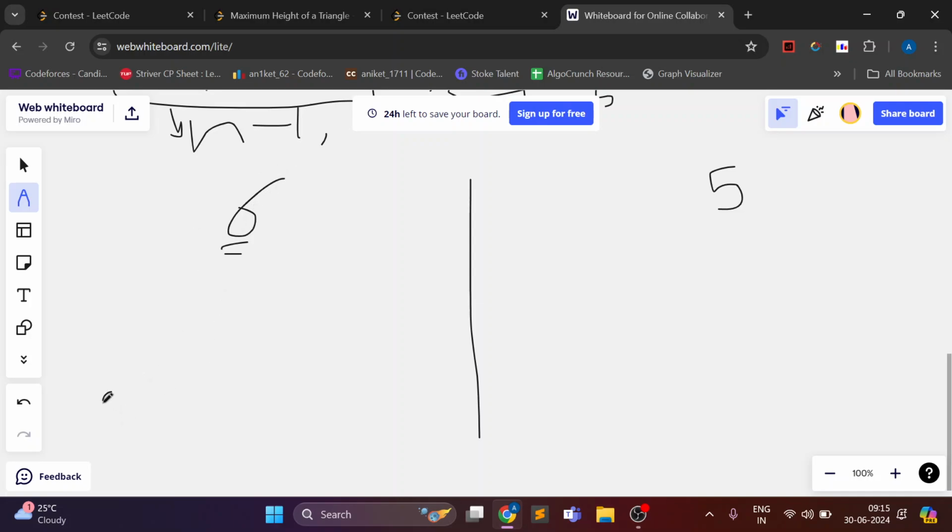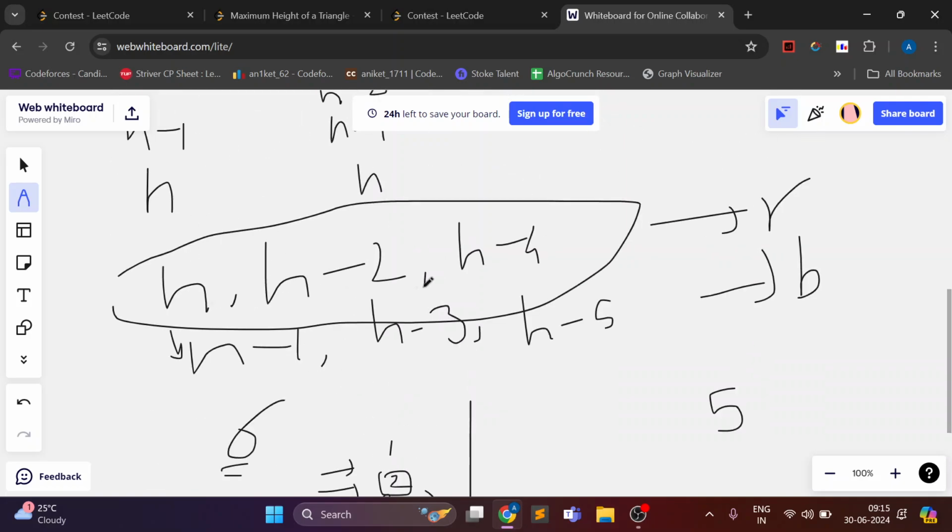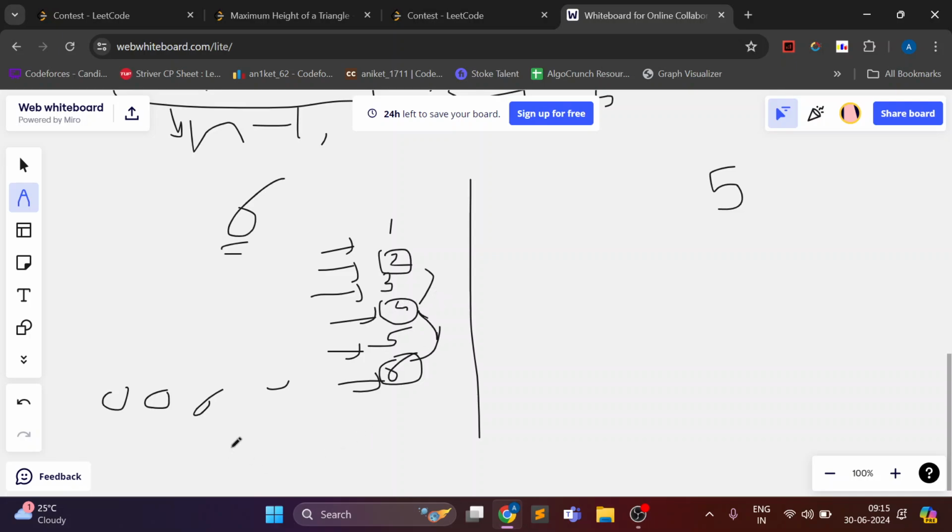For 6, I can first put 6 balls at the bottom: 6, then 5, then 4, then 3, then 2, then 1. So the required starting balls would be 6 plus 4 plus 2, meaning h, h minus 2, h minus 4. So this is 12 and the second is 9.